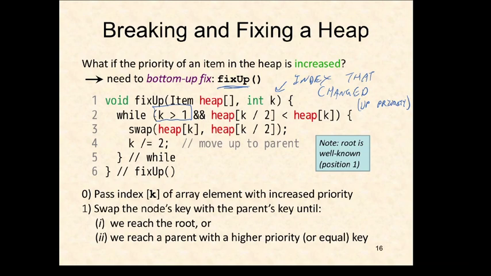We might have to keep looking upward. So while we are not at the root, and heap sub k divided by 2 is less than heap sub k. So heap sub k divided by 2 is the parent. So we're saying while we're not at the root and the parent has a lower value than k. Now this code is specific to a max heap.